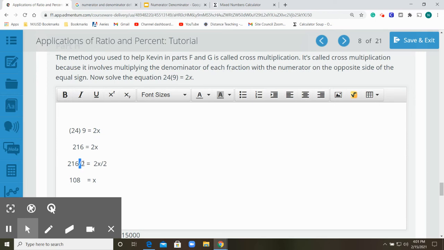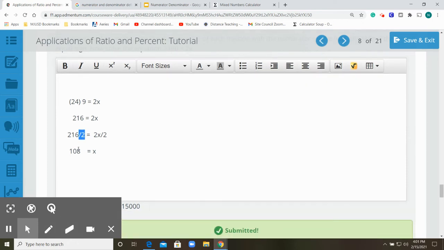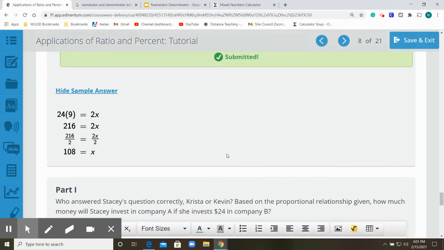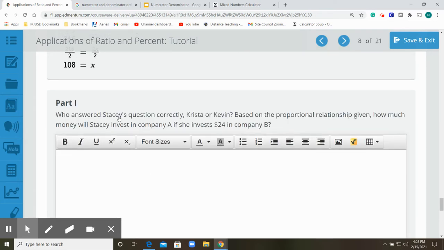We divide by 2 on this side because we canceled it out over here. We are left with 216 divided by 2 is 108. X. 108 equals x, or x equals 108. This shows it a little bit cleaner. The divide by 2 was a little unclear up there.